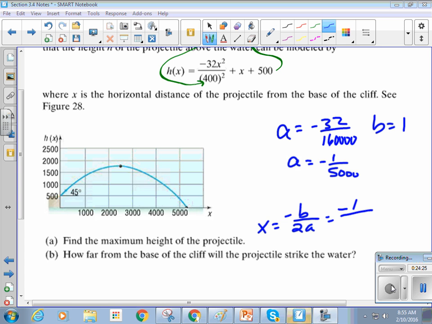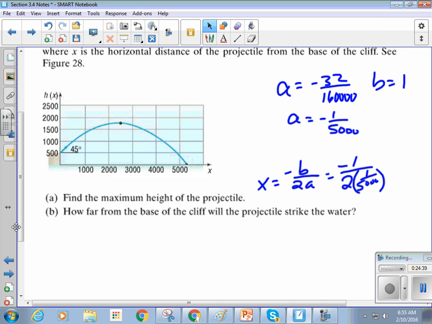B is 1, so we get negative 1 over 2 times 1 over 5,000. Because I'm a superstar mathlete, I can easily calculate that this guy, negative 1 over 2,500, and then dividing by a fraction means I multiply by the reciprocal.